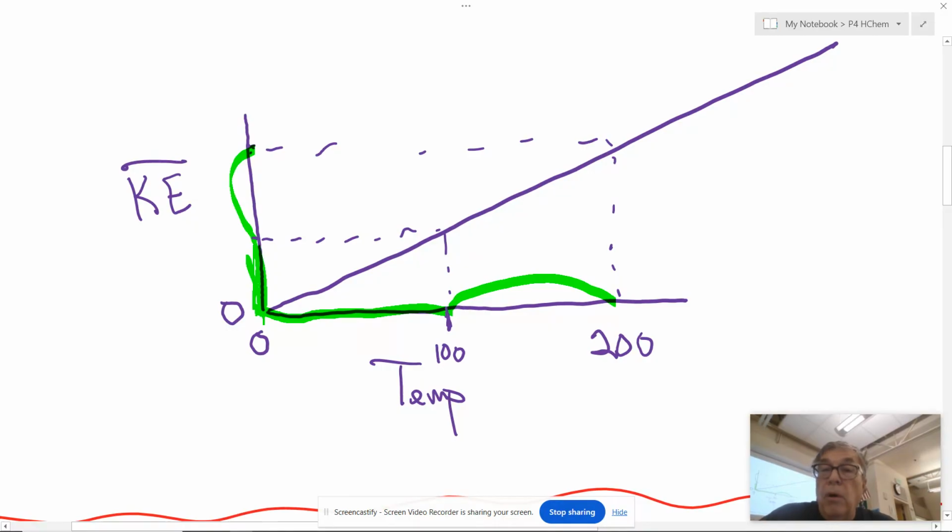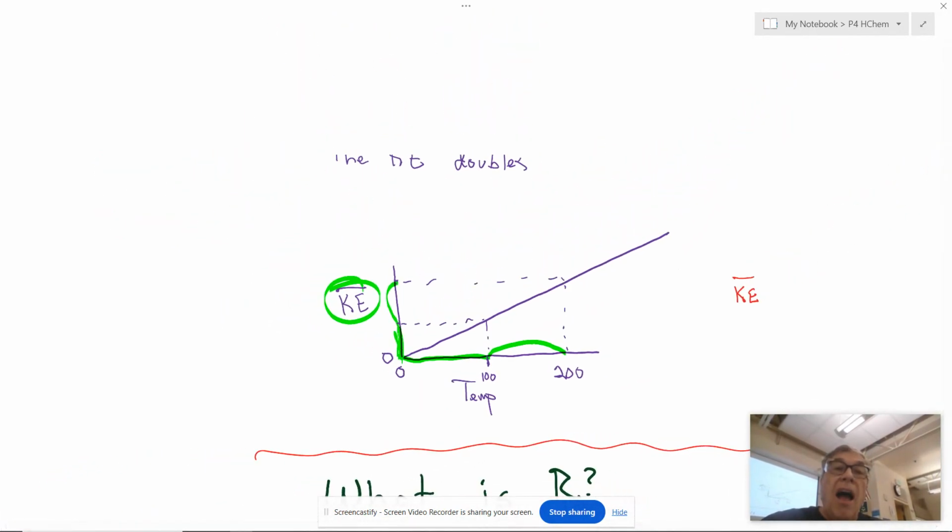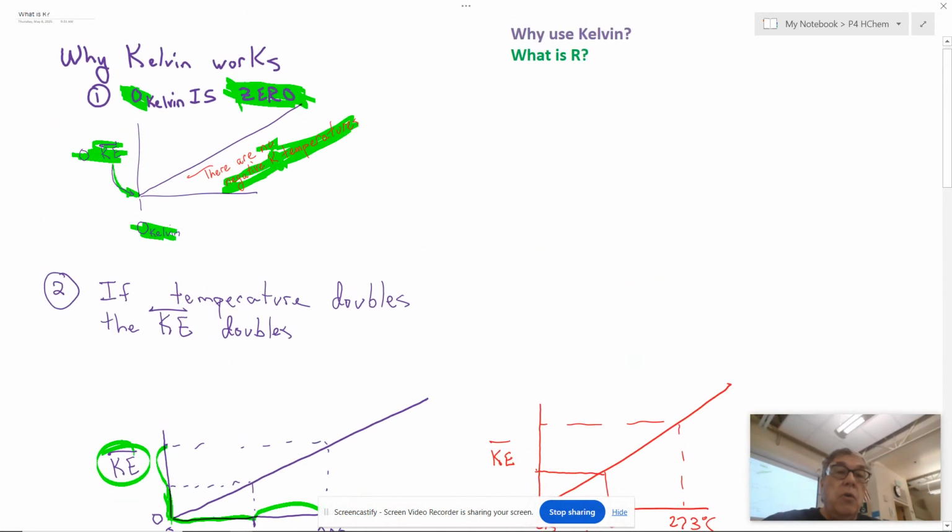That's really important because we're going to be doing calculations where we're looking at the proportional change of temperature, and that's going to cause a change in other properties of the gas. And that has to be in line with what's happening with the kinetic energy. So that is why we have to use Kelvin.